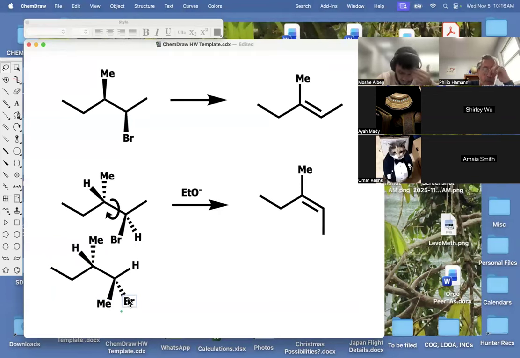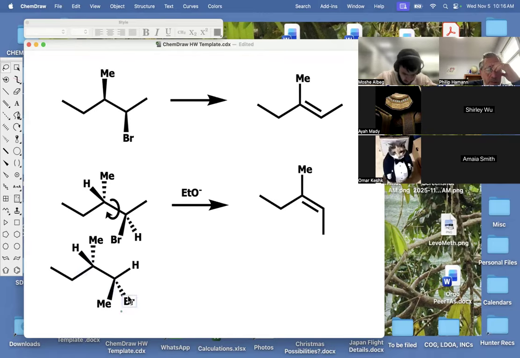Okay. And now the bromine is hashed going away. The hydrogen is solid wedged, it's coming toward. These are transdiaxial. In fact, if I just do this, it makes it look more like it. But this is somewhat artificial.